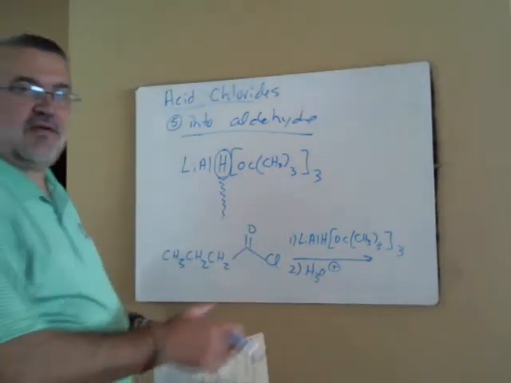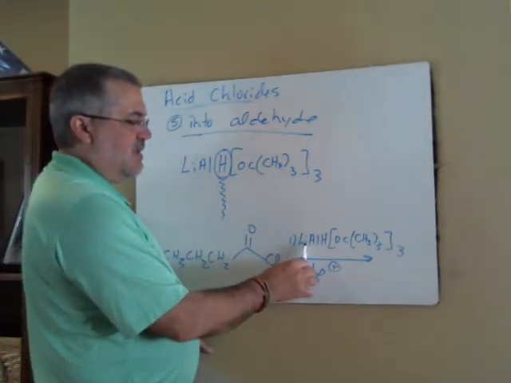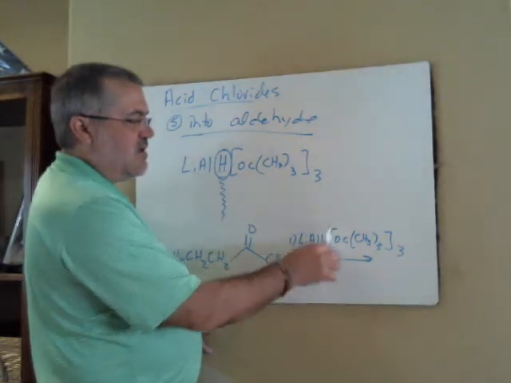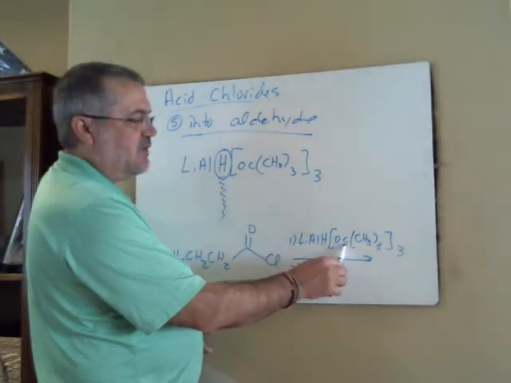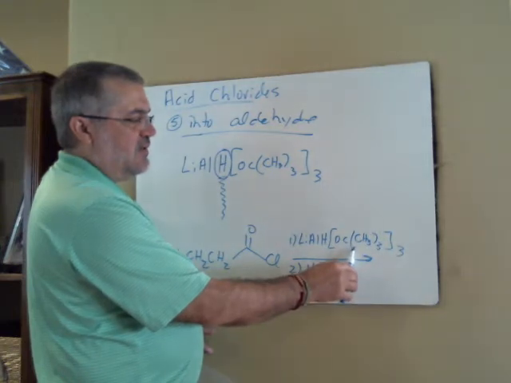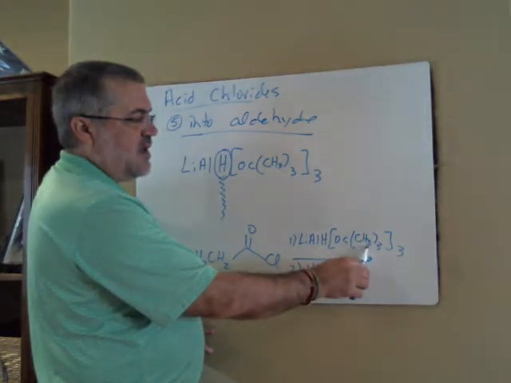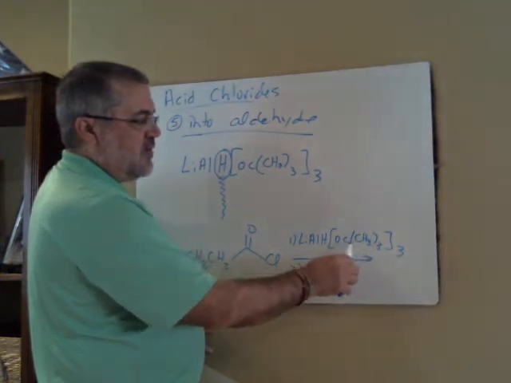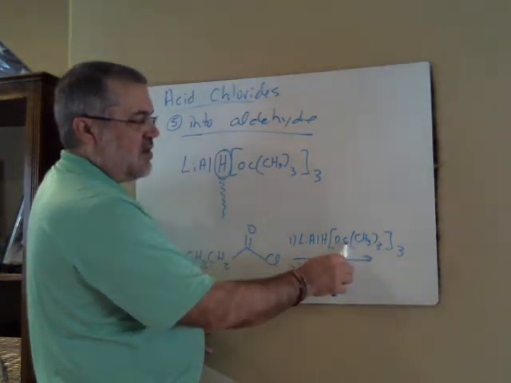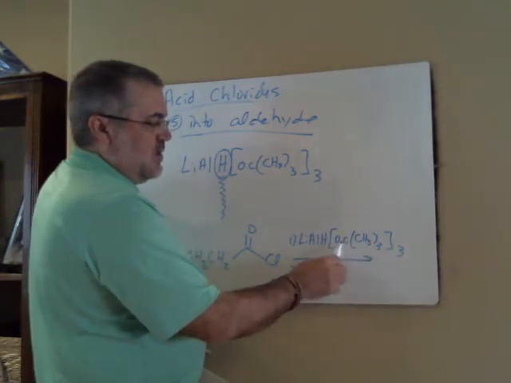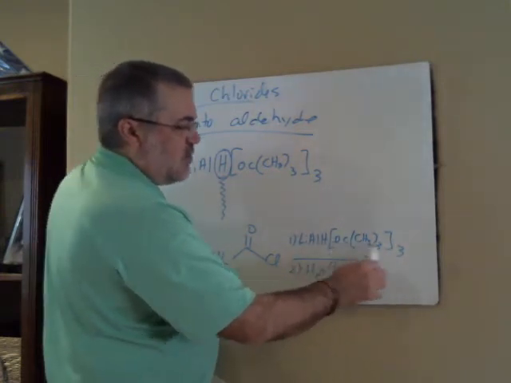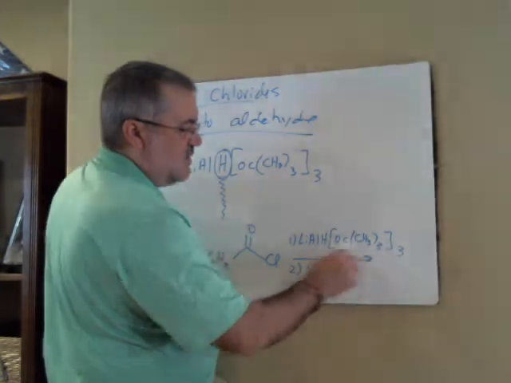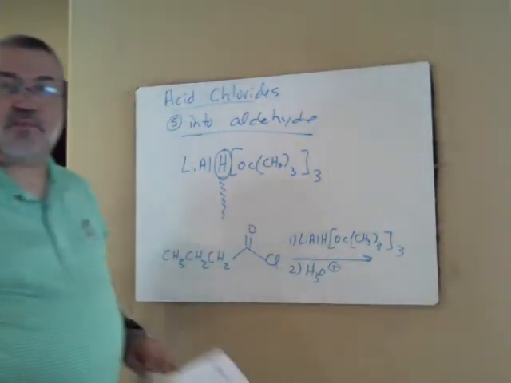And just in case you're having trouble seeing, lithium, aluminum, H, and then in the brackets it's OC(CH3)3. So there are three methyl groups attached to that carbon, which is then attached to the O. But then there are three of these that are attached to the aluminum.